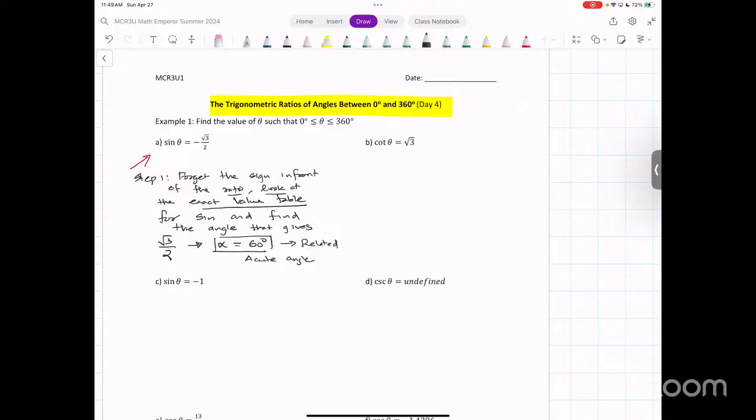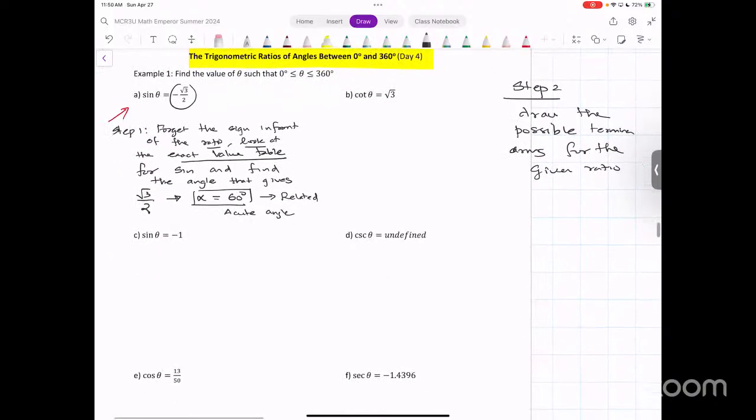The next step, step two: draw the possible terminal arms for the given ratio. This time you have to look at the sign.